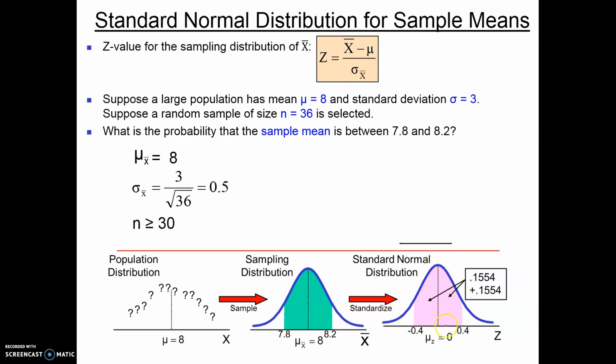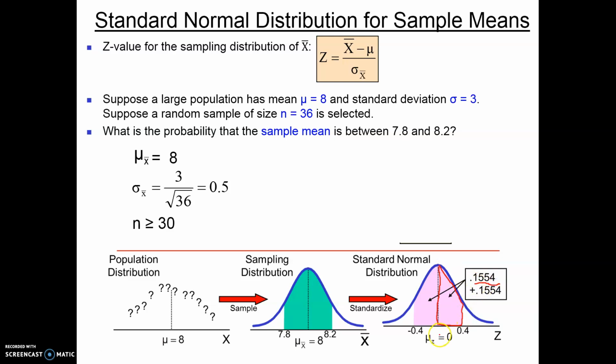The problem is we don't want that entire area here. So what we do is we take that 0.6554, which represents this area, and we subtract this half. Okay? And we're left with just this area here. Okay, so I'm going to do my best to draw this in, but it would be this area here. And that would be 0.1554.